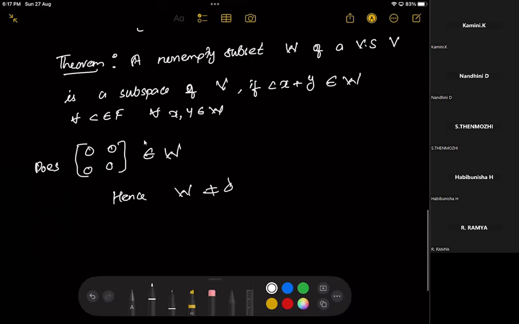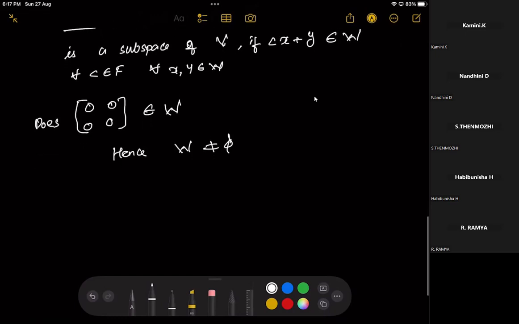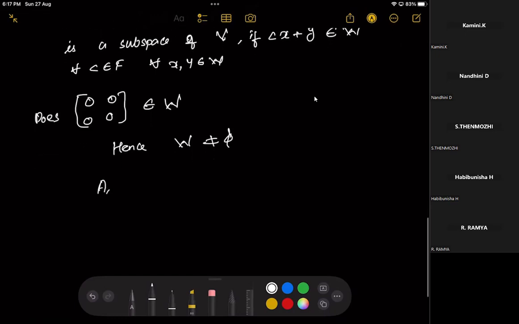Now, to prove it is a subspace, what we want to prove is that Cx plus y belongs to W for all C in F and x, y in W. Here, x, y in W means x and y are two matrices. For example, we can take A and B, two matrices in W, and C a scalar.